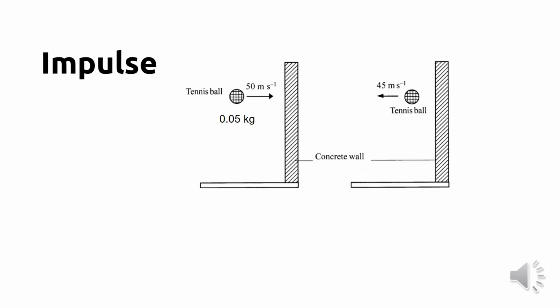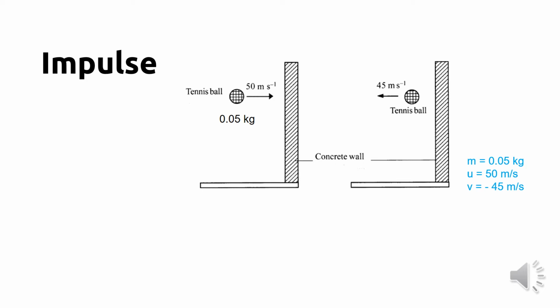Look at the example of impulse. A tennis ball hits a concrete wall and bounces back. From the information given, we know that the mass m is 0.05 kilogram, the initial velocity u is 50 meter per second, and the final velocity v is negative 45 meter per second.